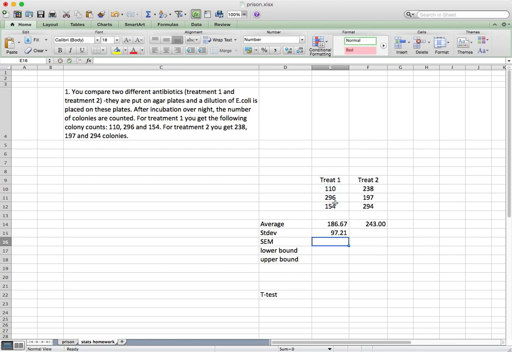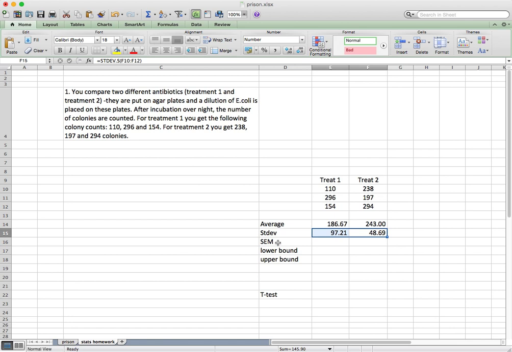Press enter. So that is our standard deviation, 97.21. We can calculate that for the other treatment as well, and we get 48.69. Very clearly, the standard deviations are very different from each other, and that also means that the variances would be different from each other, and that becomes important when we do the t-test.